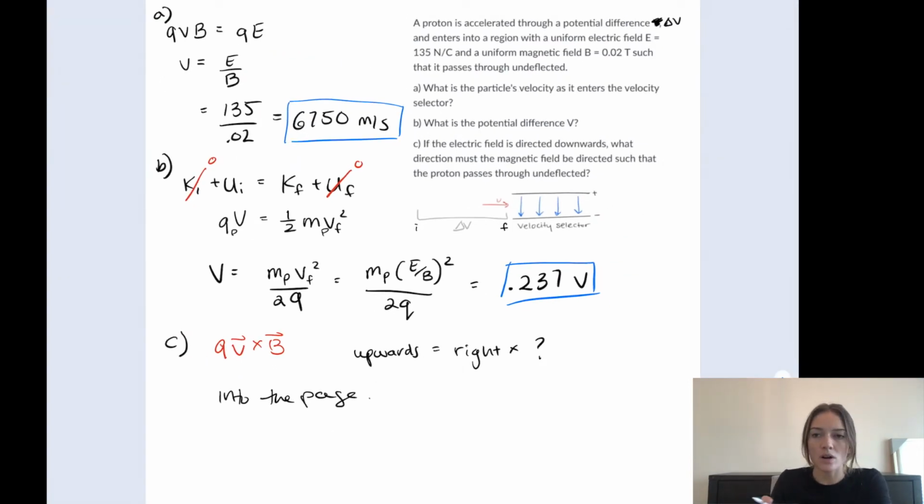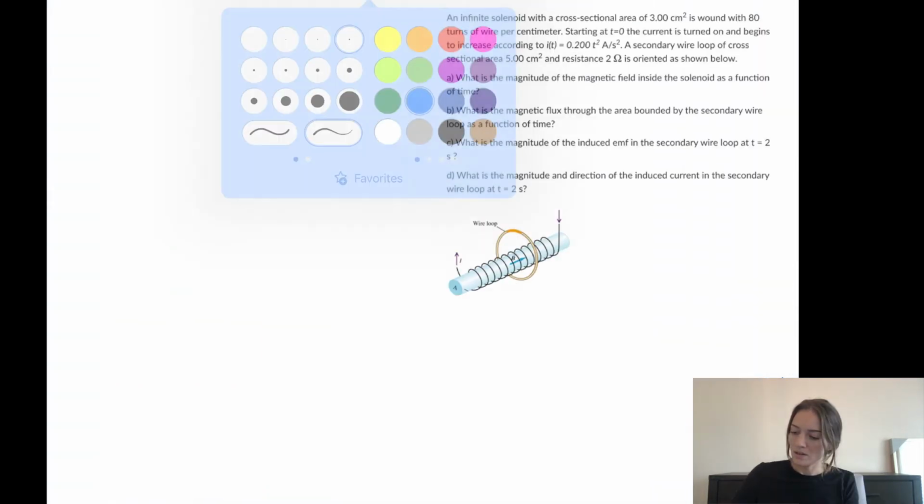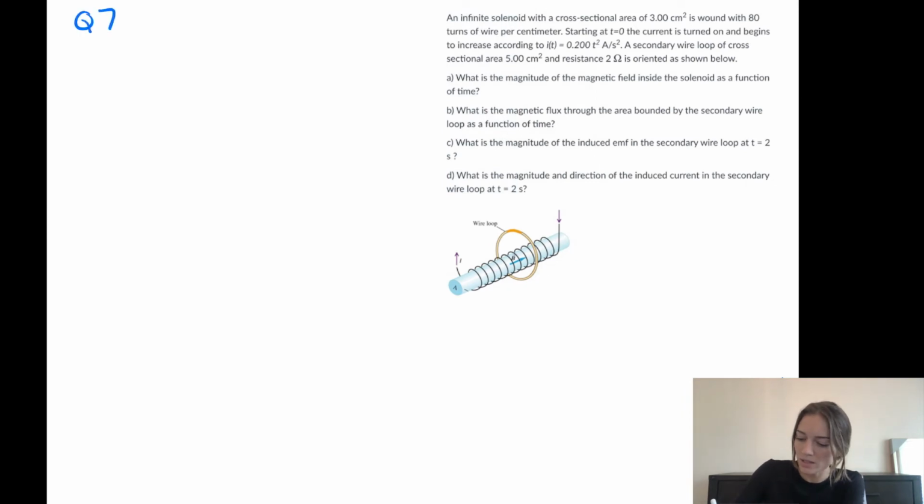So now let's go on to question 7 from the practice final I want to go over, since that's a good problem. All right, so this is question 7 from the practice final. For problems like this, what I recommend doing is when you see a lot of numbers and variables, just write everything down so that it's clear and you see what variables you have and what variables you don't have.